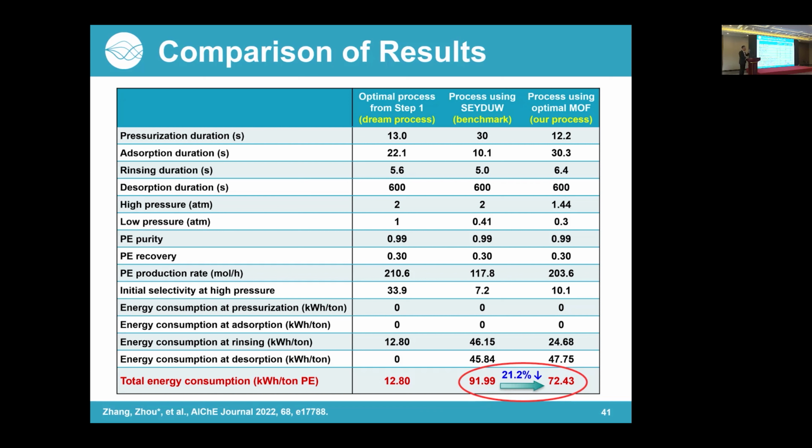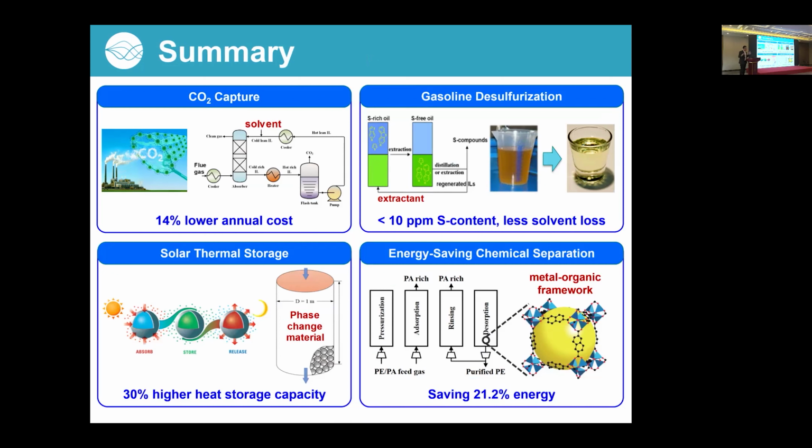So we have 6 continuous variables. These are also optimized simultaneously with the descriptors. So, in summary, we did some interesting studies on some examples. We try to find the key material, and also we take into account the interaction between the material and the process operations.